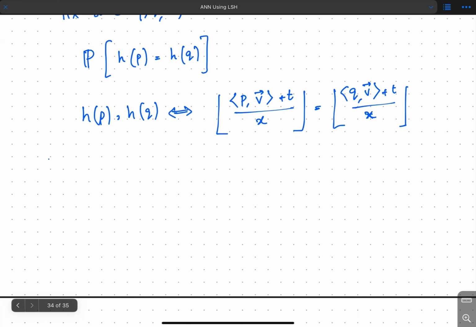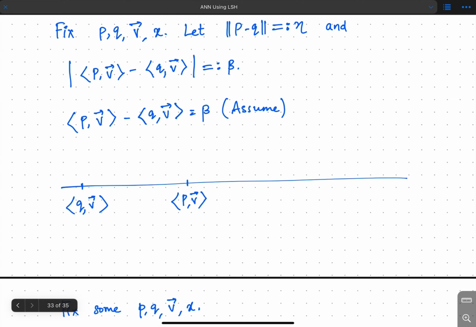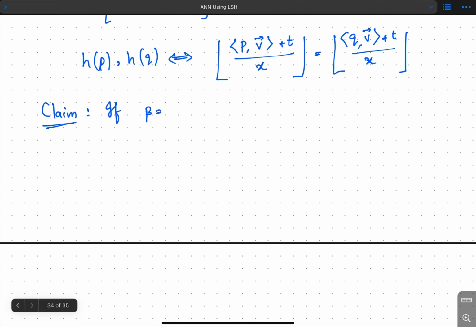And it's not very hard to see that if beta, which was defined as p dot product v minus q dot product v, is greater than x, then h of p can never be equal to h of q, irrespective of what value t takes.